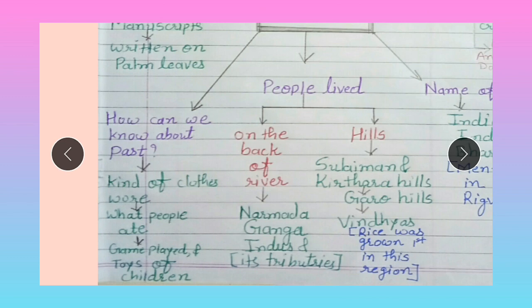The kind of clothes they wore, what they ate, what games the people played, and the toys of the children. These are the sources by which people came to know about the past; on the basis of whatever the past was, we can know about it.